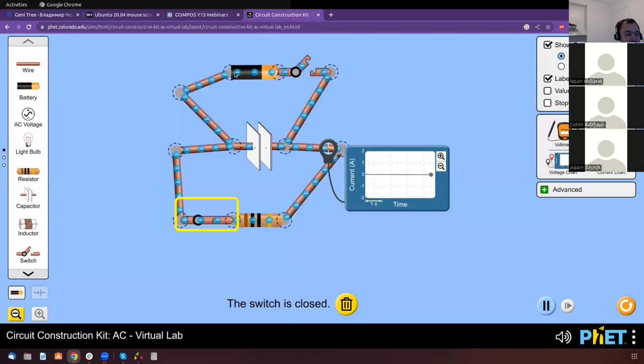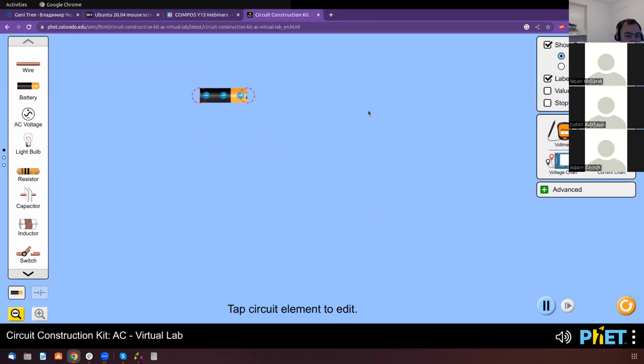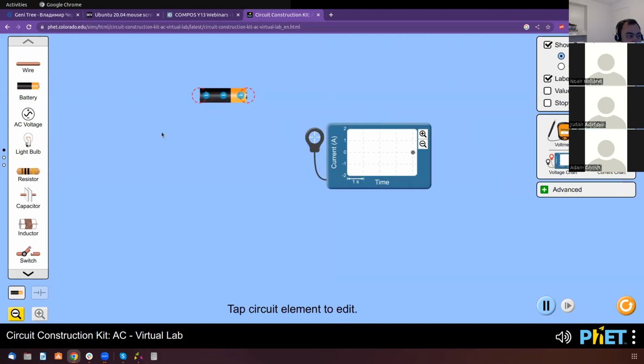So let's have a look at what it does. So we have a battery, a current, a resistor, and a switch. What do you think will happen when I close the switch?